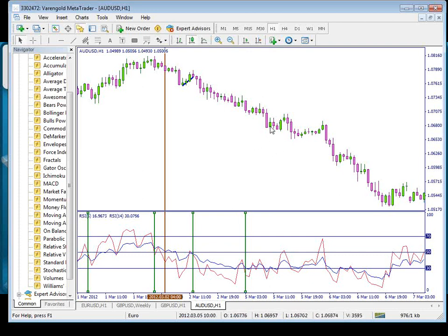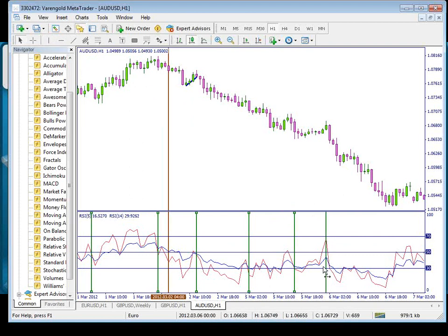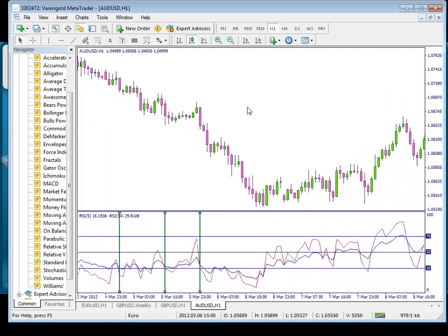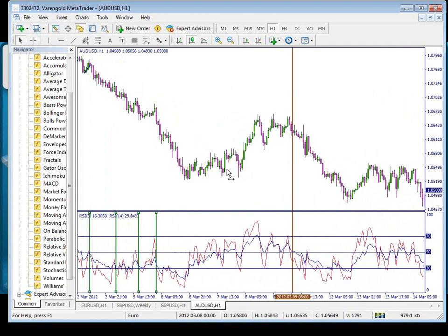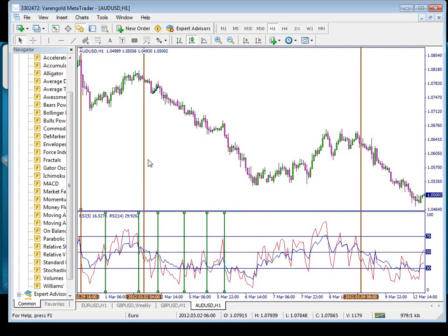Still, in this case, it was a big one, but we also have one other sell signal here, and one other sell signal in this area. So you can see on 4 hour we have just 2 signals for sell.